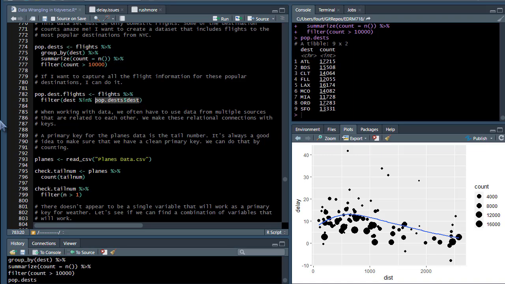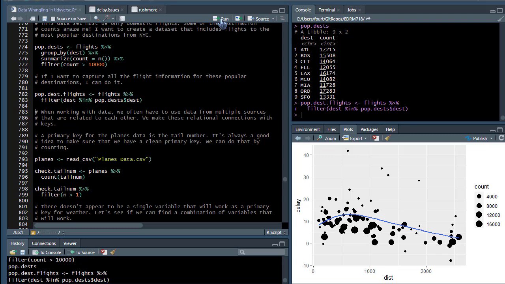So here I'm taking the PopDest data set or tibble, and I'm referring only to the variable dest, so it doesn't put count in there, and that will give me the popular destinations for all those flights. Yeah, well, actually all the flight information for those 9 popular destinations. That's what we get in that.